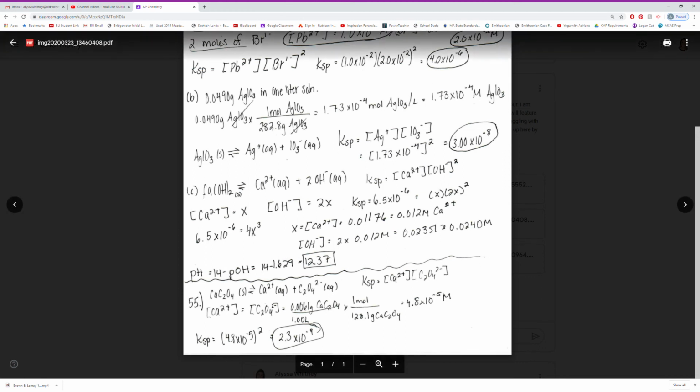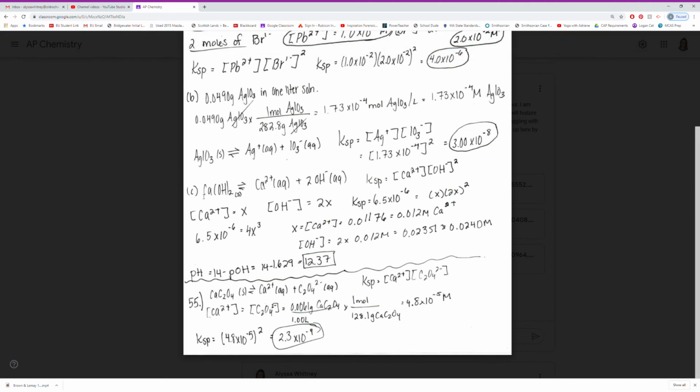Part C is just a little bit different. That was probably the hardest part of this question. It wants me to use the appropriate Ksp value from Appendix D to calculate the pH of a saturated solution of calcium hydroxide. Again, writing out the equilibrium equation, Ca(OH)2 is dissolving into Ca2+ and 2OH-.